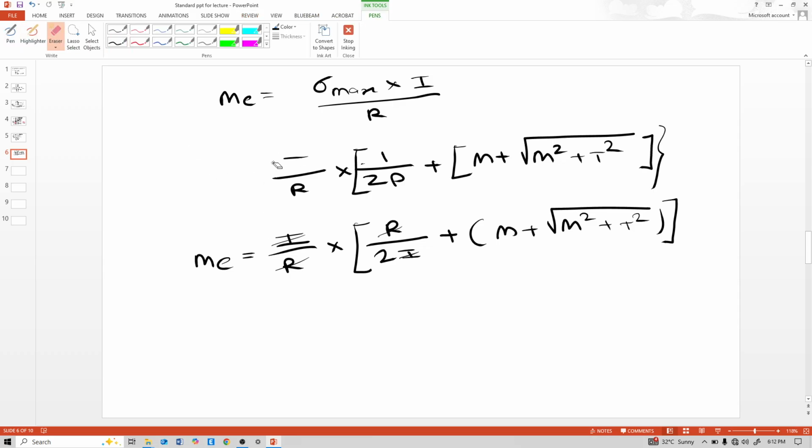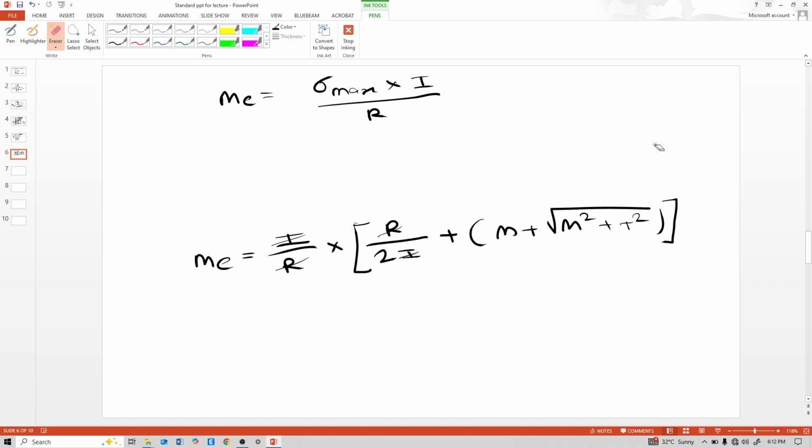Just to repeat, this intermediate step is not necessary. After this step, we go directly to the next step.